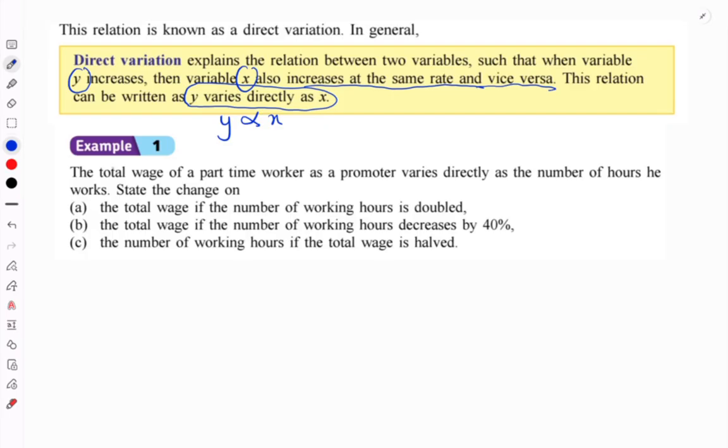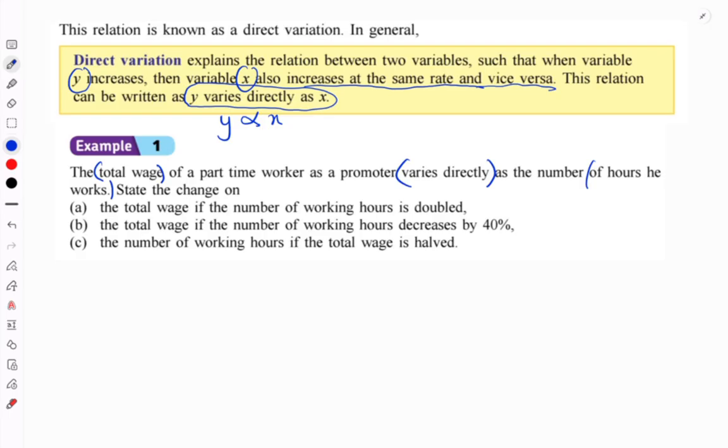The statement says that the total wage varies directly as the number of hours he worked. That means when the number of hours he works increases, the total wage also increases. When the number of hours he works decreases, the total wage also decreases.